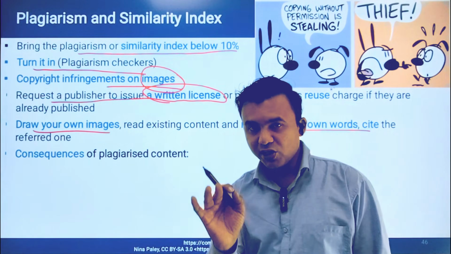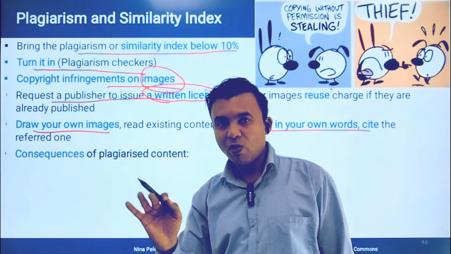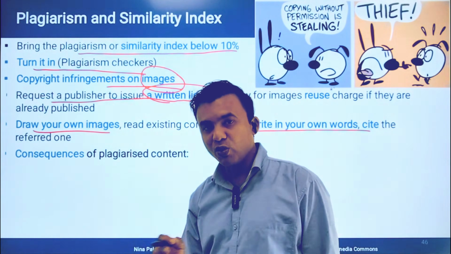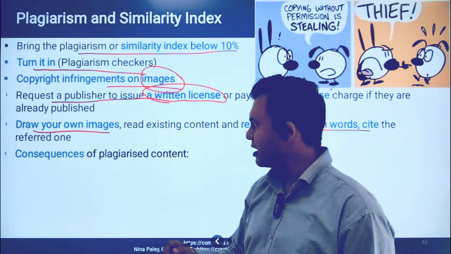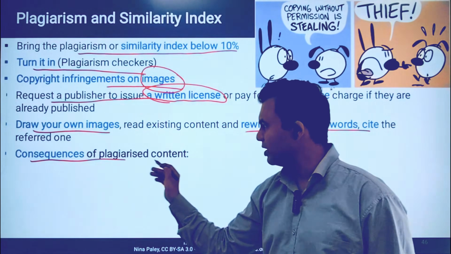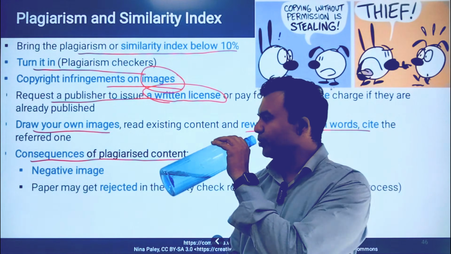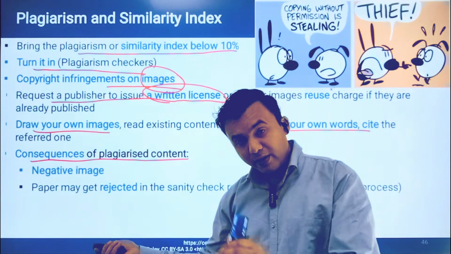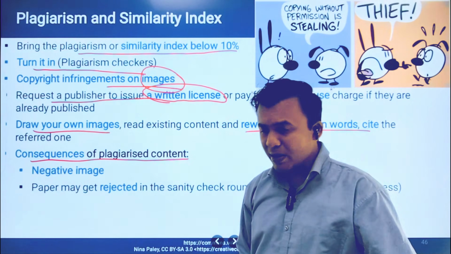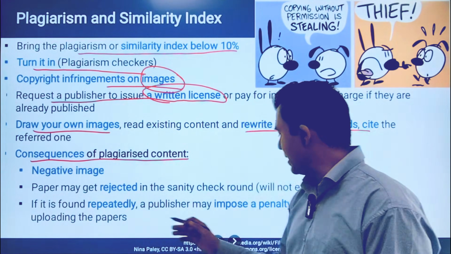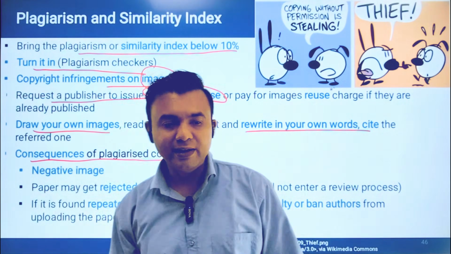But take a reusage license or pay the reusage fee before you're using it in your article. The consequence is it will lead to plagiarism, and gives you a negative image. Your paper may get rejected and your degree may get delayed, right? So it's better not to do it. And if you're doing it repeatedly, sometimes there could be a penalty.